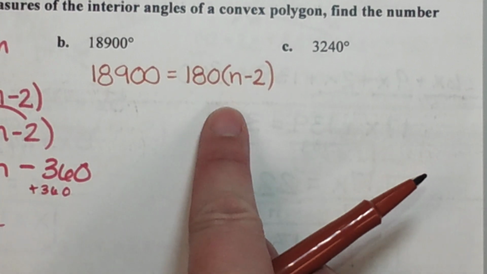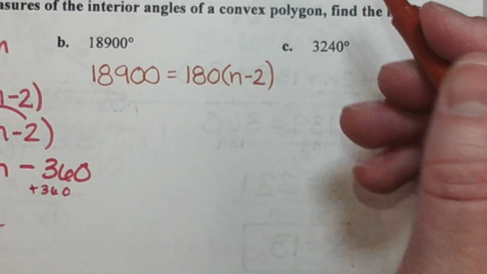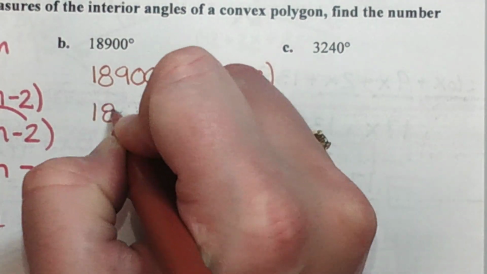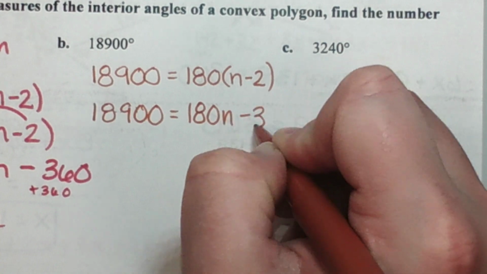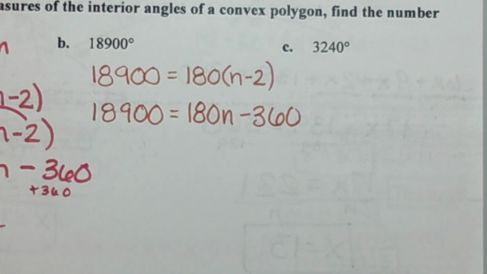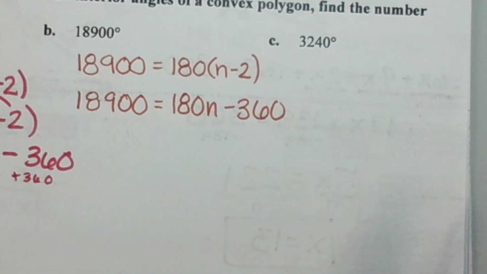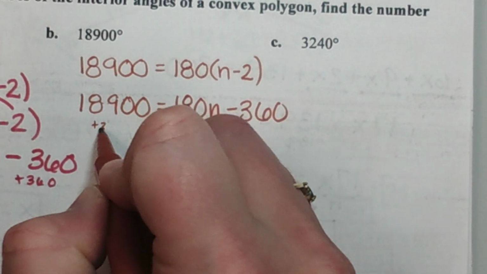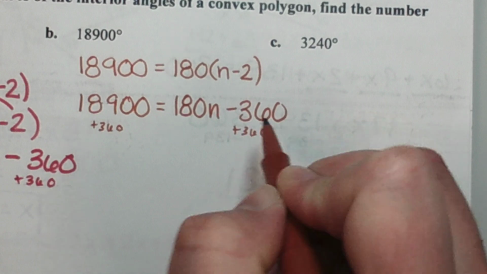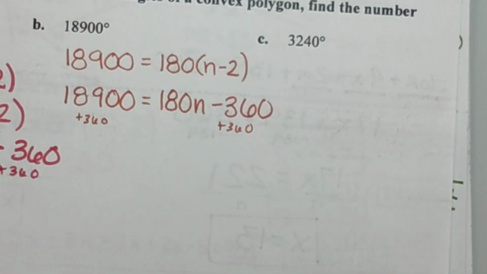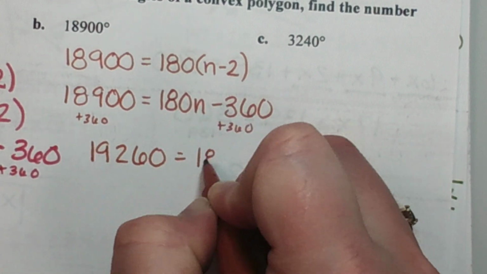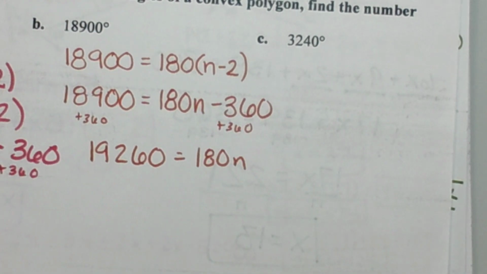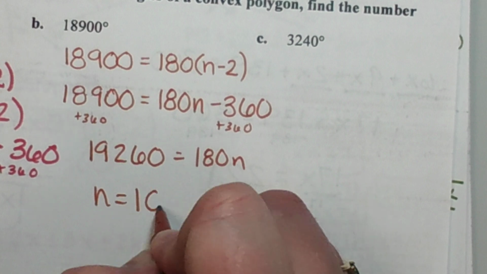Distribute. We've distributed this before. It's 180n minus 360. Now what? Add 360. And then divide by 180. n is 107.